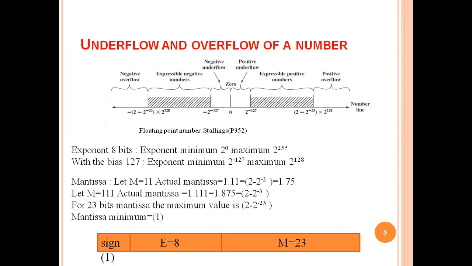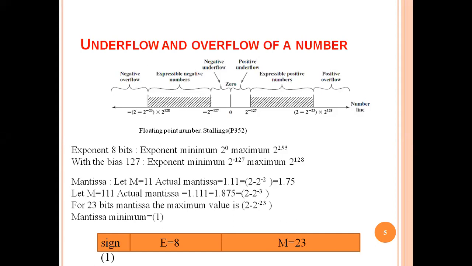Now see here, this is something different, that is the underflow and overflow of a number. Now remember, when we are doing any arithmetic operation, suppose we are doing summation or subtraction, there is a problem that there is a chance of underflow or overflow of a number.